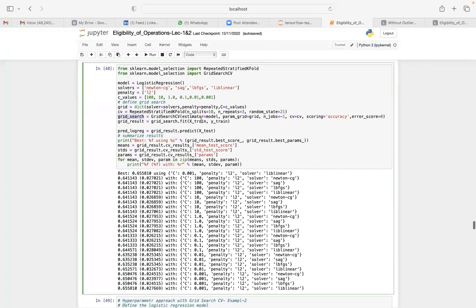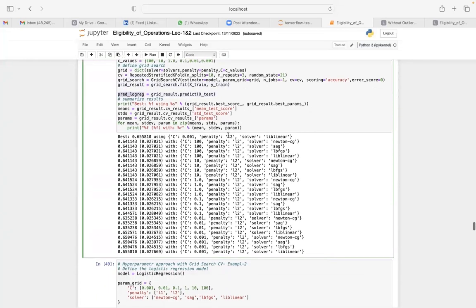Within the grid search, it will find the final result, and the grid search will give you the best model, and that grid result will have the data X train and Y train, and that will get fitted into the model, and finally you can get the prediction in this spread_log_reg with the predicted result of X test, and then you can simply run around these and find out the best value by looking at it as well.